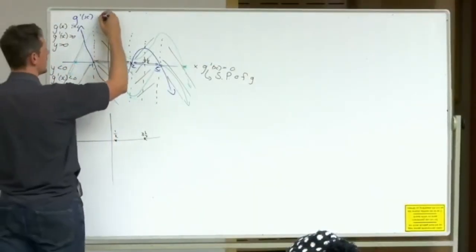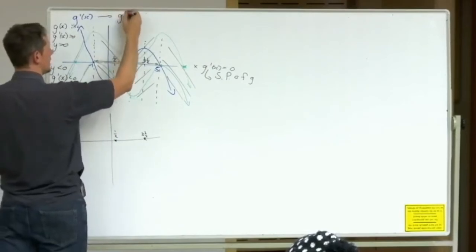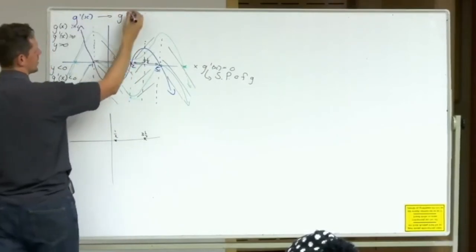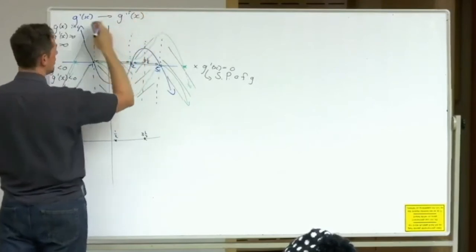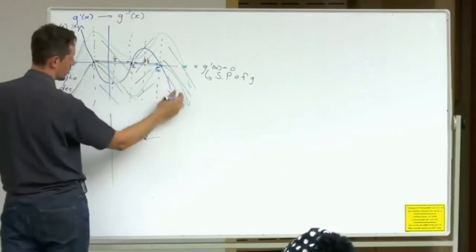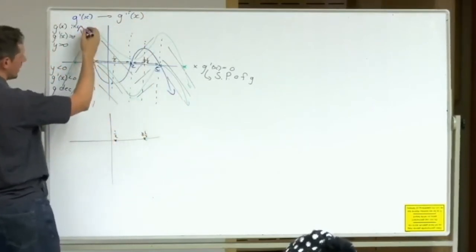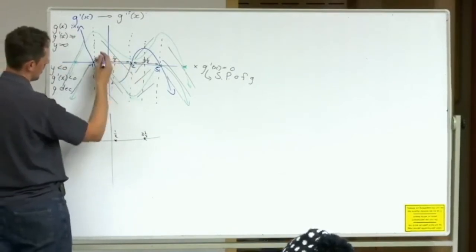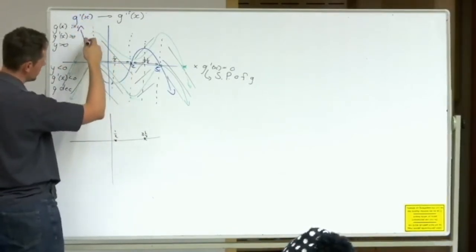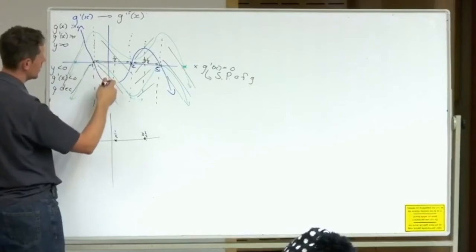What he's saying is, if I look at deriving g', I get g'', which is the rate of change of this graph. Now here my graph is decreasing.